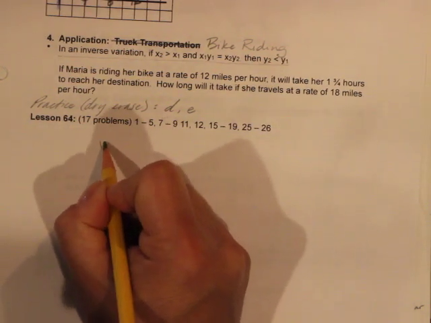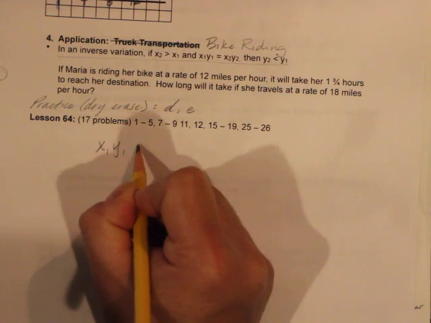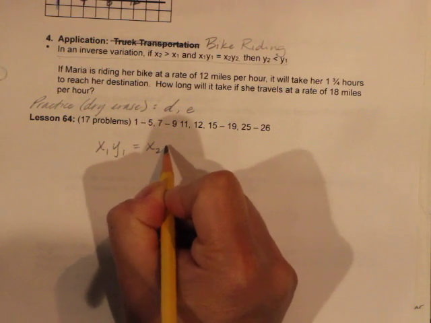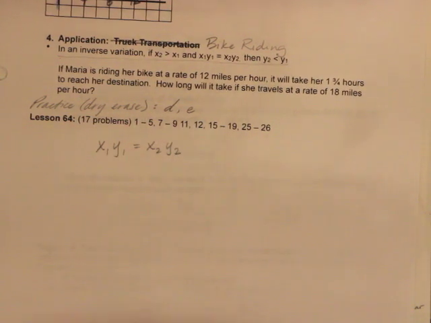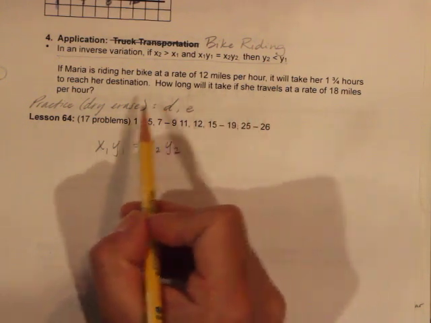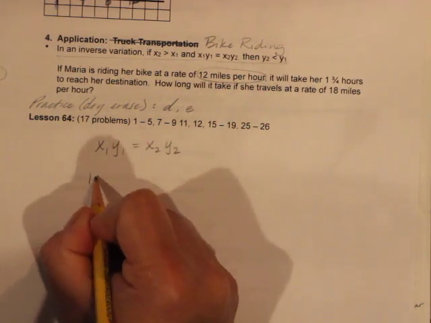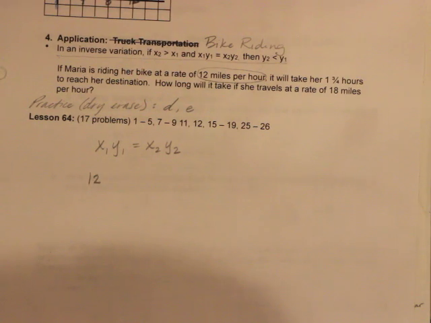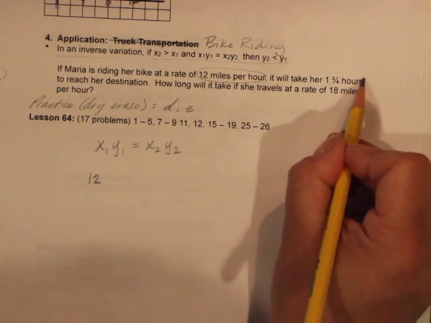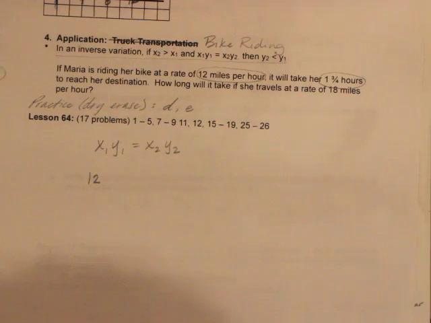So I'm going to use this formula, x1, y1 equals x2, y2, my inverse variation relationship. If she rides her bike at 12 miles per hour, that's my x1, 12 miles per hour. It's going to take her 1 3/4 hours to reach her destination.